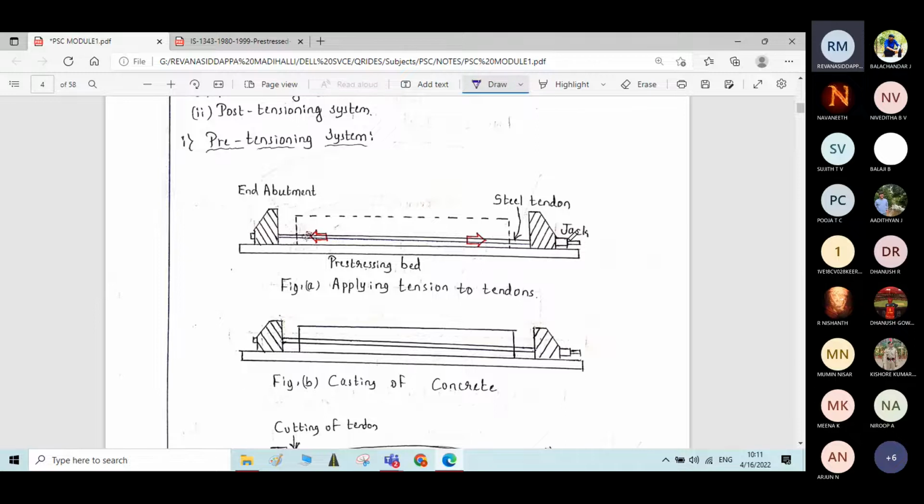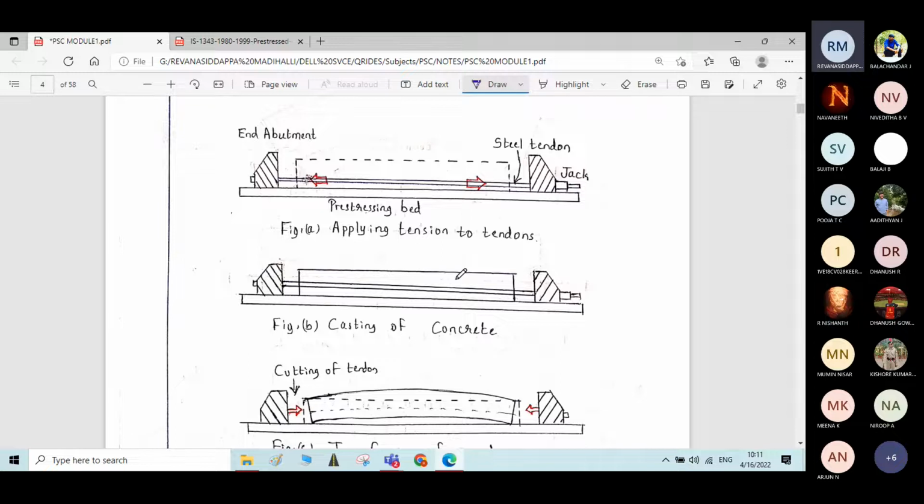Okay, stretched. Then, in the second step, the concrete will be poured into the beam, or the mold. Okay, beam mold. Then concrete is allowed to harden for the required number of days, say about 20 days, 28 days.